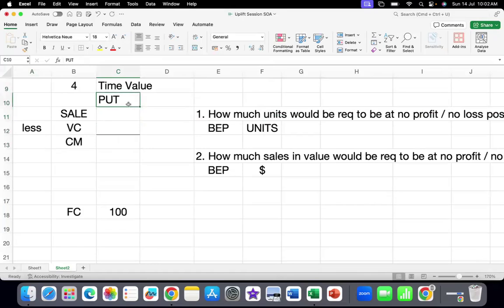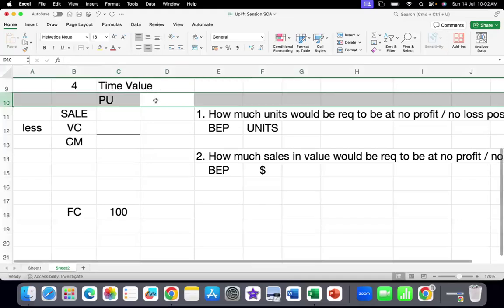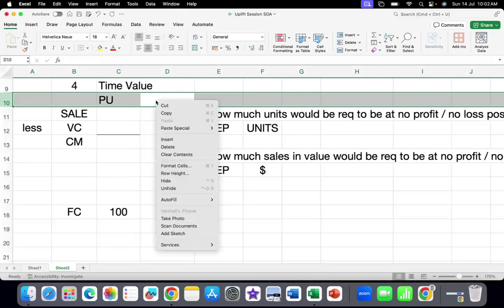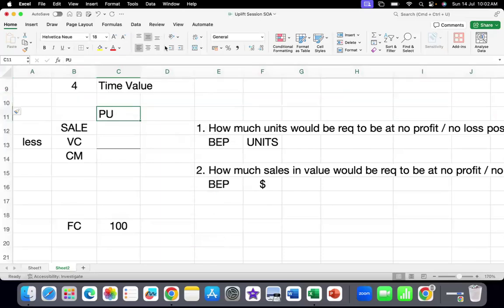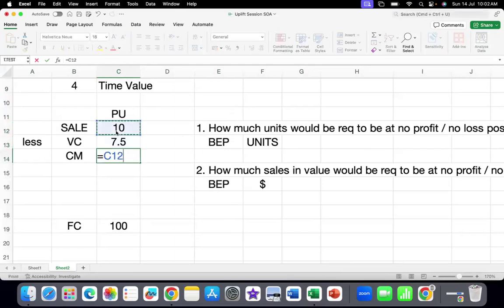That is going to help you whenever you solve a CVP question. Once you have the per unit cost, you can directly apply the formulas. So 10 is my sales price, 7.5 is my variable cost, and this becomes 2.5.